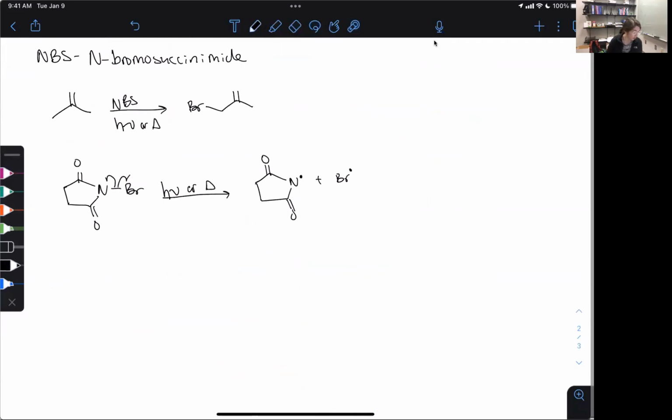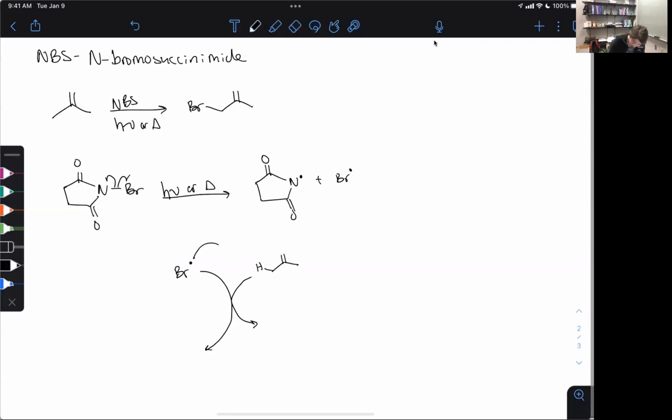So we're going to start off with our bromine radical. I'm going to do it in a circle again, and hopefully I can make a better circle than I did the last time. We shall see. Okay, so we're going to start off with our alkene. And this time, instead of going straight for the pi bond, we're actually going to do a hydrogen atom abstraction.